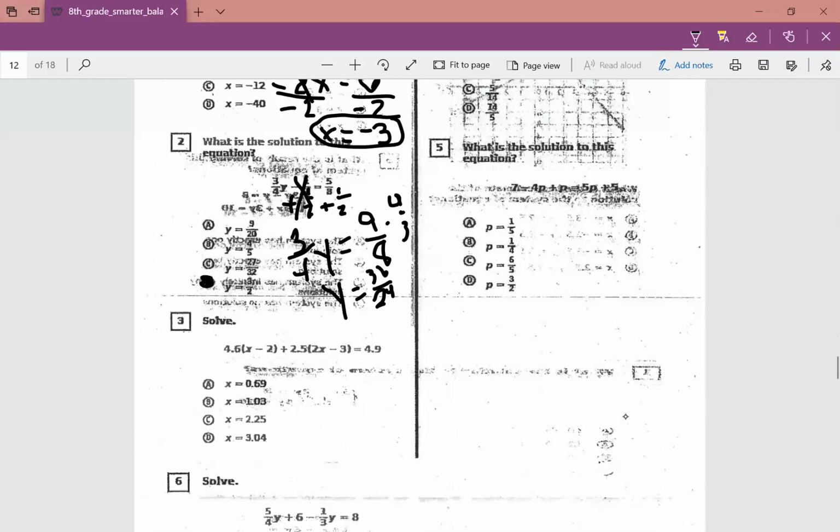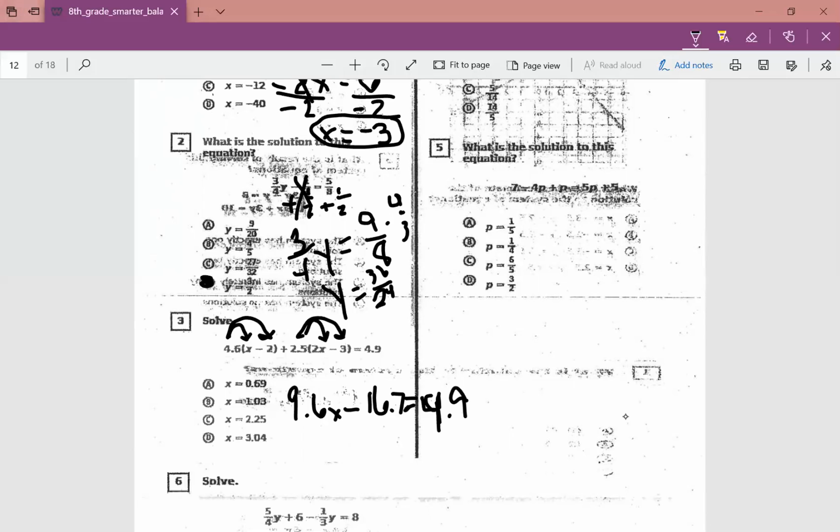Number 3. Solve this. You want to distribute the 4.6 to both things there and the 2.5 to both items there. Then you're going to get 9.6x minus 16.7 equals 4.9.